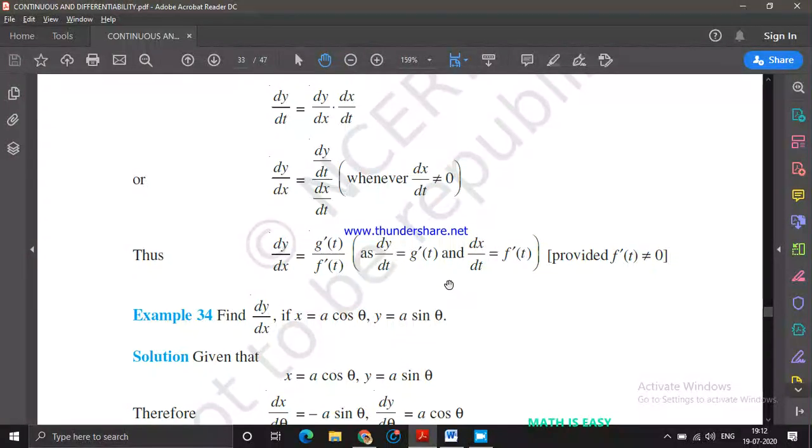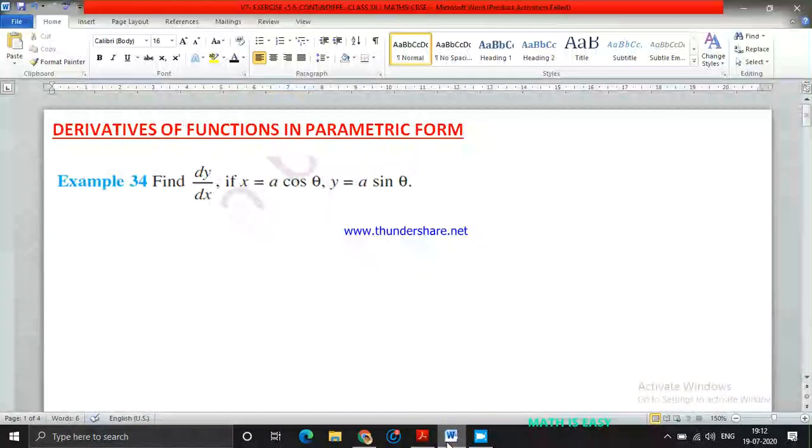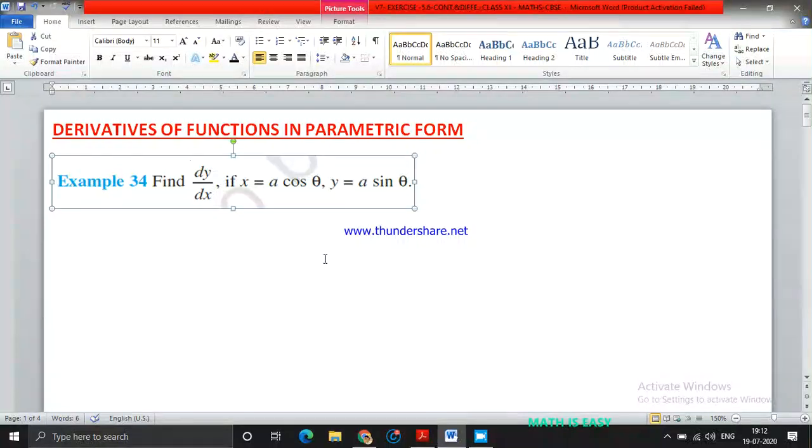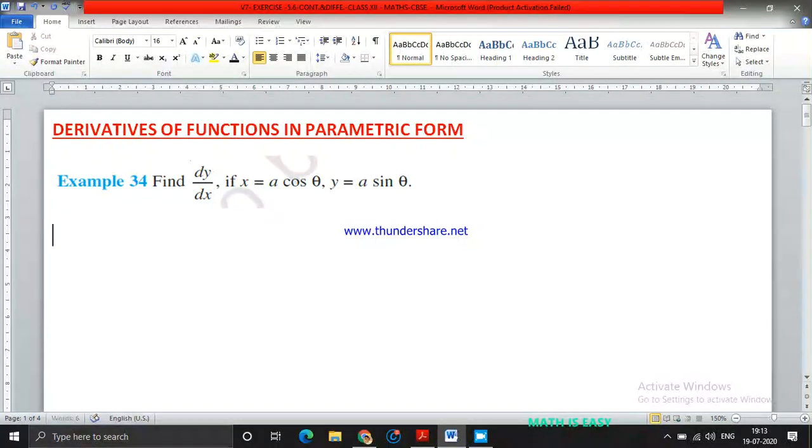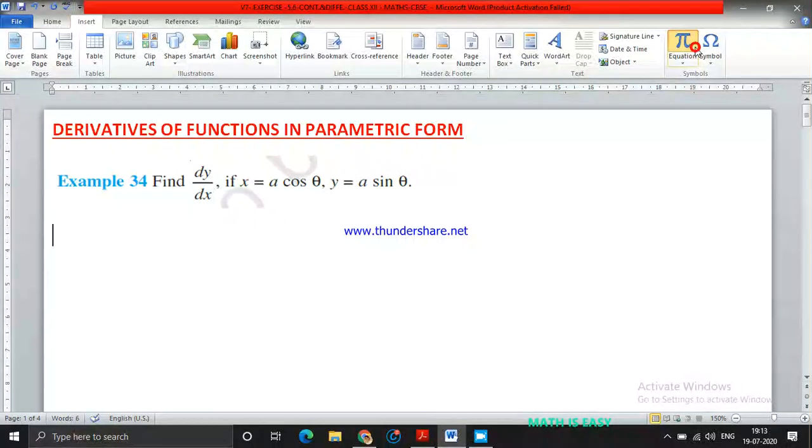So how do we find the derivative of such functions? Here x is given in terms of theta and y is also given in terms of theta.